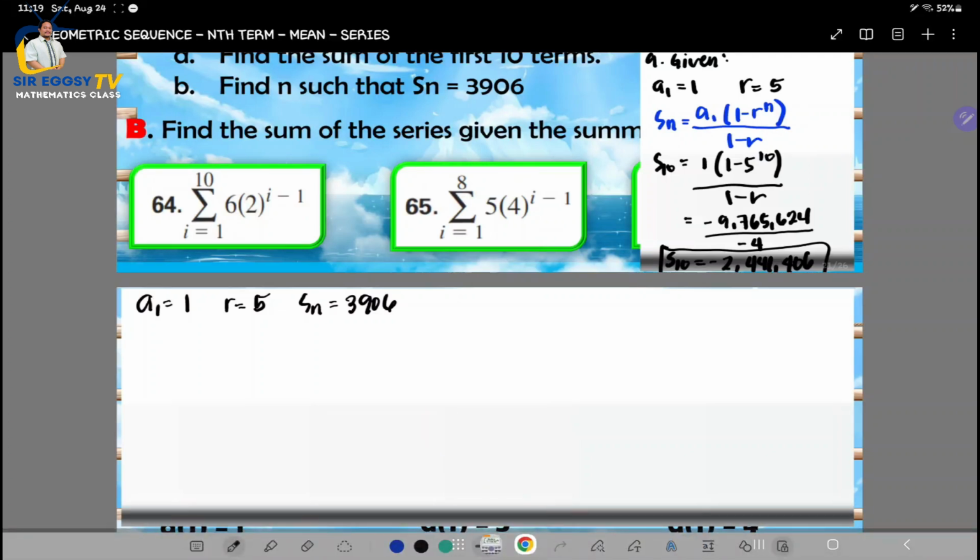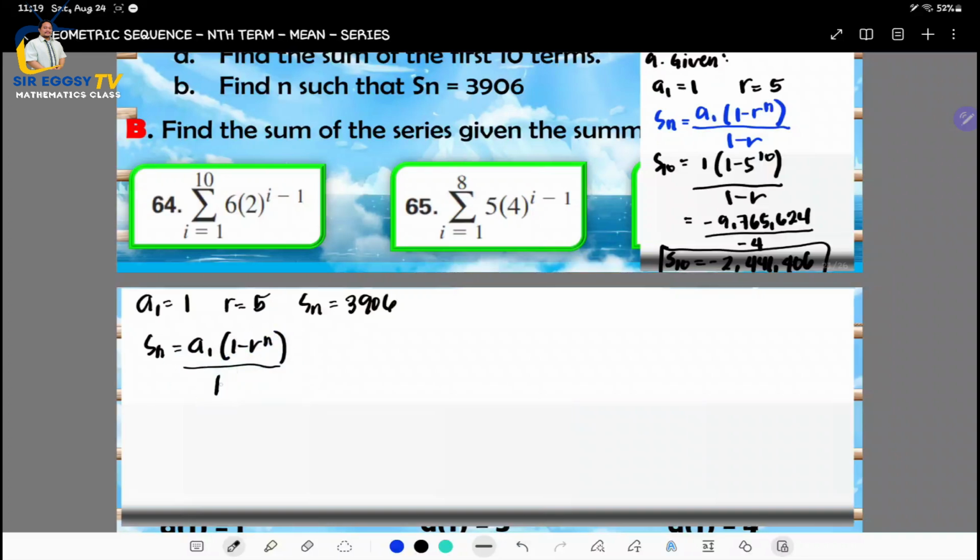Okay? So, first, for the formula, we have S sub n is equal to a sub 1 times 1 minus r raised to n over 1 minus r.